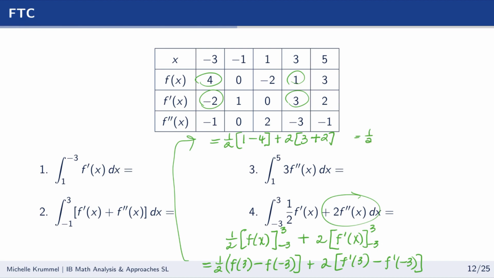So 1/2 times negative 3 plus 2 times 5, 10. So that's 10 minus 3 over 2, or 20 over 2 minus 3 over 2 is 17 over 2.